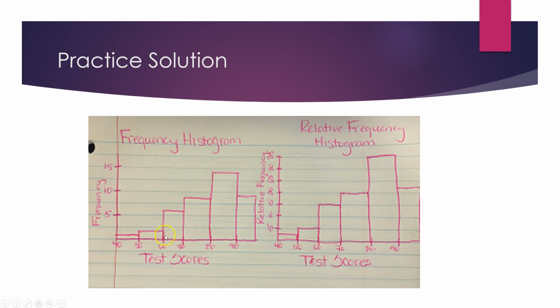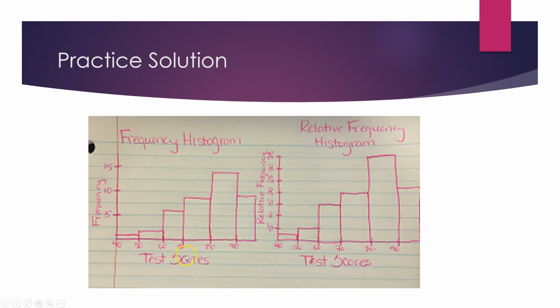So these heights aren't exactly the same, and they very infrequently will be. What I would like you to notice, however, is that the shape of these is the same. One is a little bit higher than the other. However, the overall shape will be exactly the same when you're making the same data in a frequency and then a relative frequency histogram.